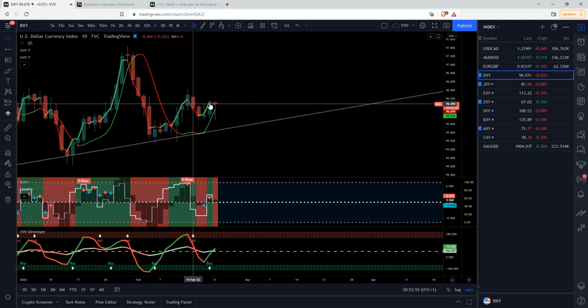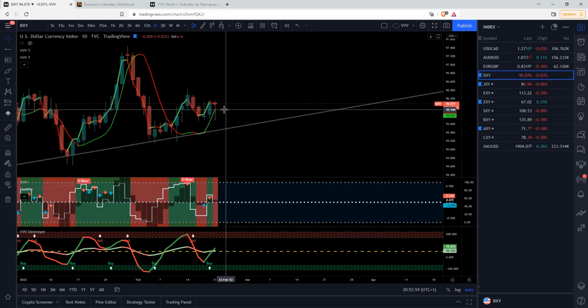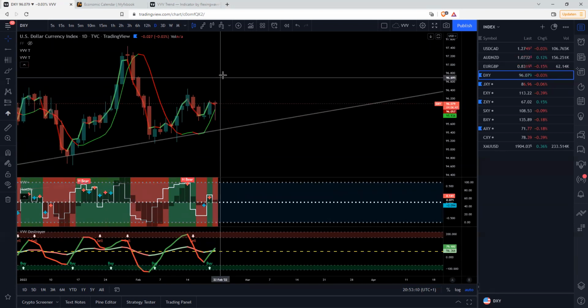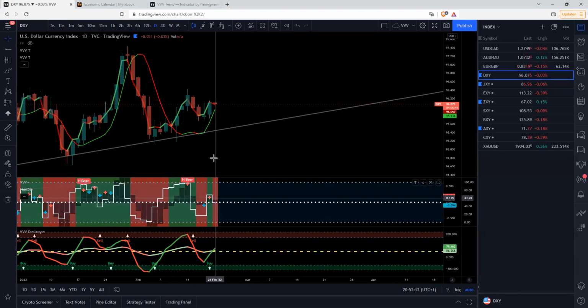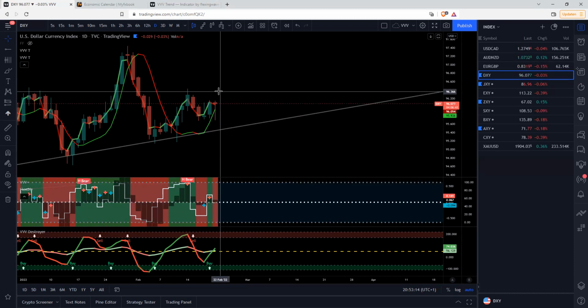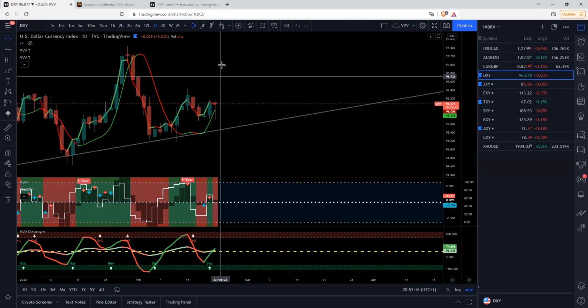Actually, I want to see this candle close. It will be nice if it's closing, and it will, in my opinion, above the main line, and then we can see a beautiful movement to the upside.